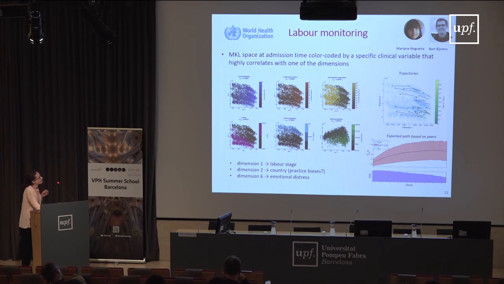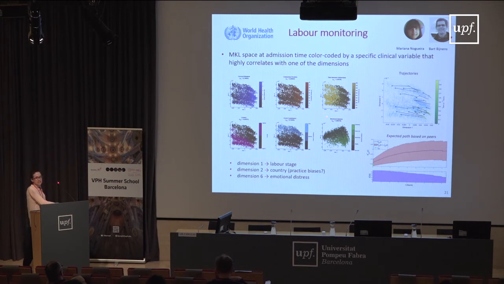Interestingly, the position in the output space is not only dictated by labor variables, but also we can see in the second dimension that we can distinguish the country. Okay? Here the purple are mothers from Uganda, and the black are from Nigeria. And what is even more interesting is that there is also a correlation in cervix consistency.